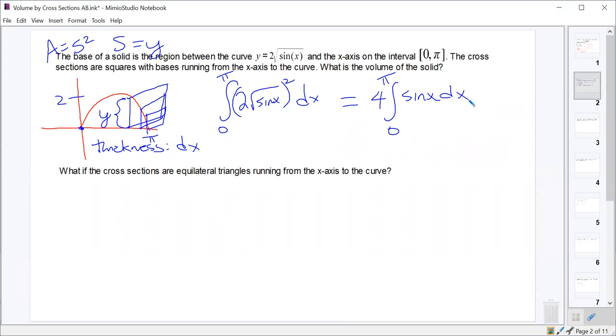All right, what's the integral of sine of x? Should be negative cosine x from 0 to pi. So this becomes 4 times negative cosine pi minus negative cosine 0. And what is the cosine of pi?